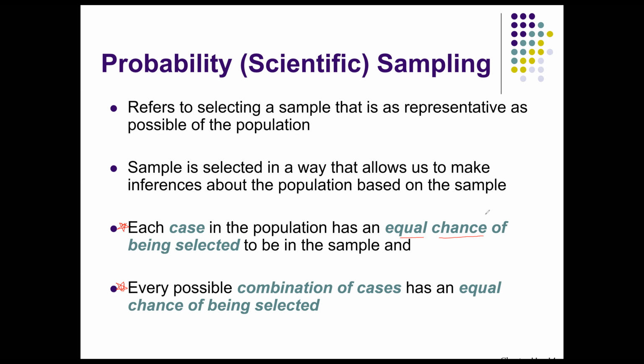And so this is what makes it possible for us to generalize from our smaller sample to the much larger population: every person in your population has an equal chance of being chosen for the sample, and every possible different combination of people has an equal chance of being chosen for the sample.